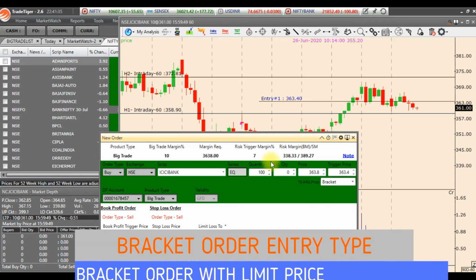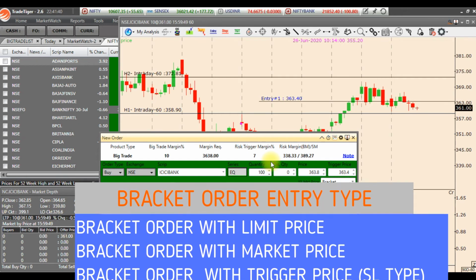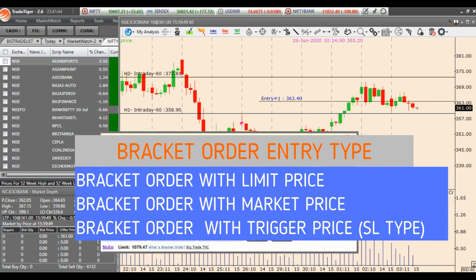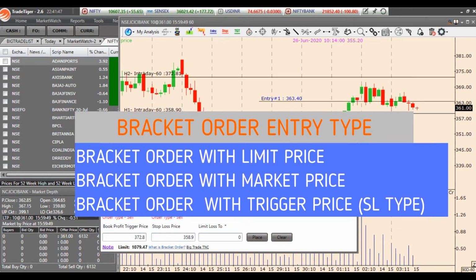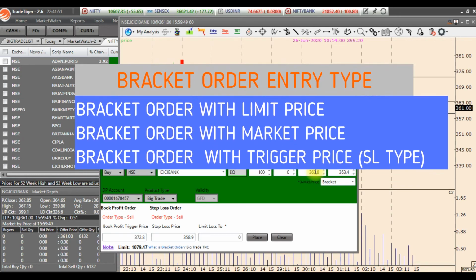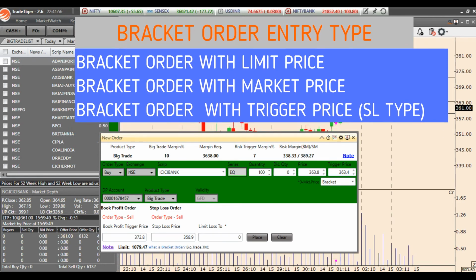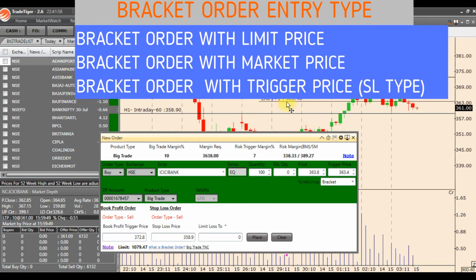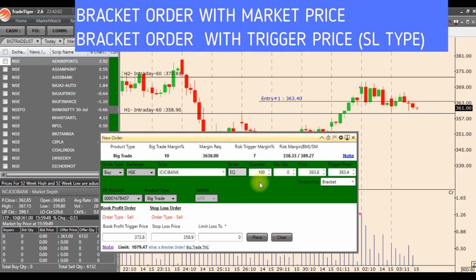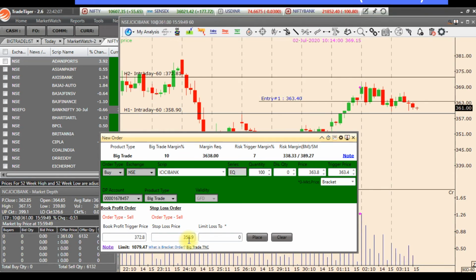The second is you're entering at the market price with a stop loss and target. The third one is a stop loss buy order, buying above a particular price, and then with stop loss and target. The moment price hits 363.4, automatically the shares will be bought and automatically the stop loss and target orders will be placed.